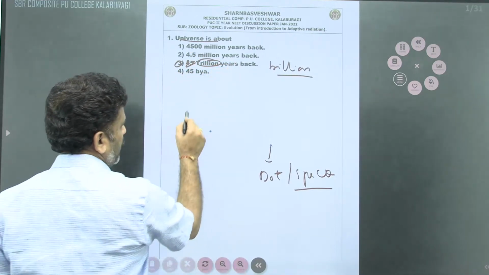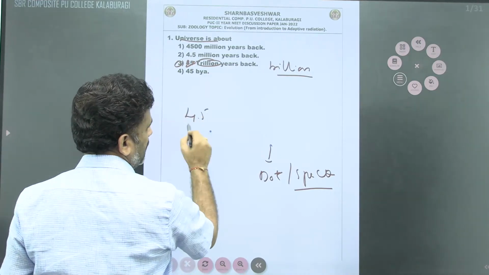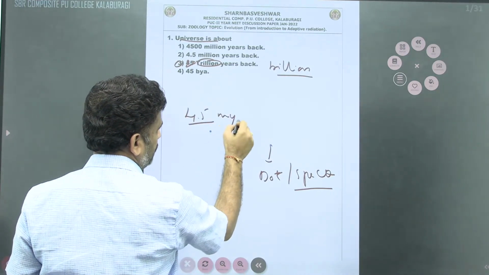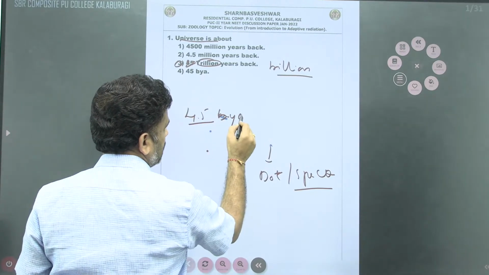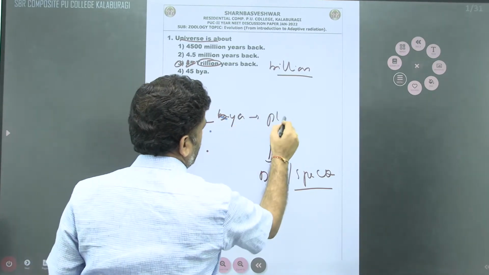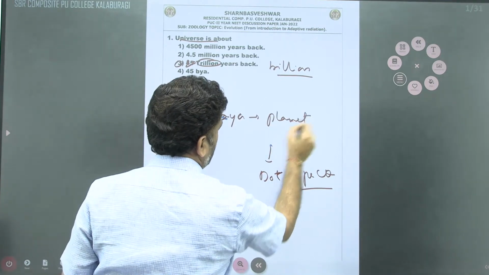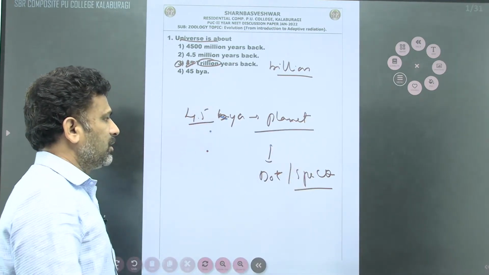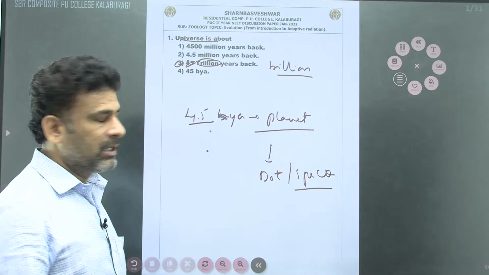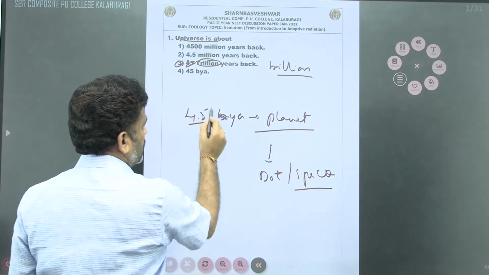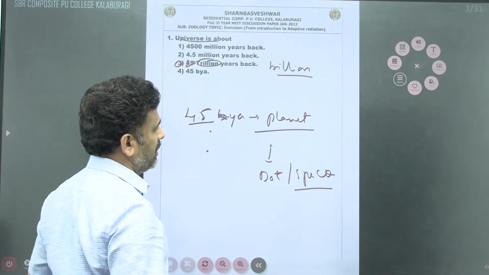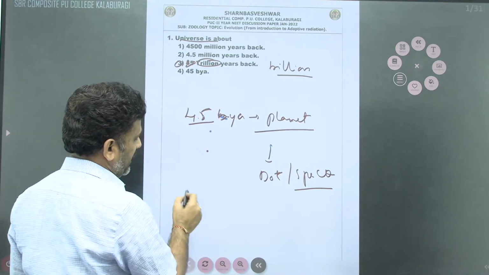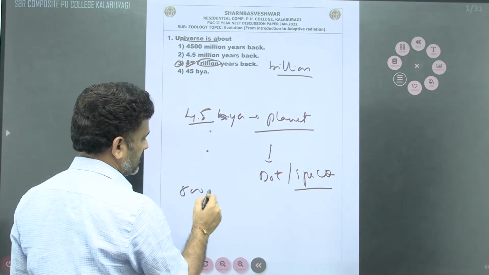4.5 billion years ago, planet Earth evolved or arose in the universe.